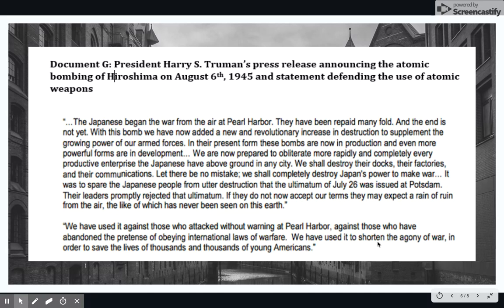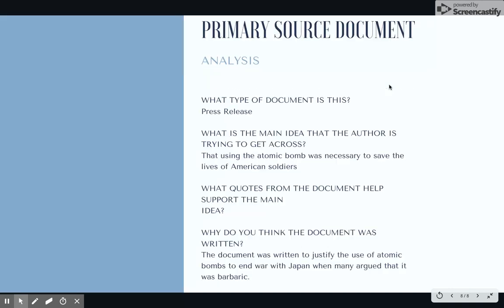We have used it to shorten the agony of war in order to save the lives of thousands and thousands of young Americans." So this quote itself supports the idea that this statement is about the bombing of Hiroshima and defending the use of the atomic weapons. So that would answer this question right here.